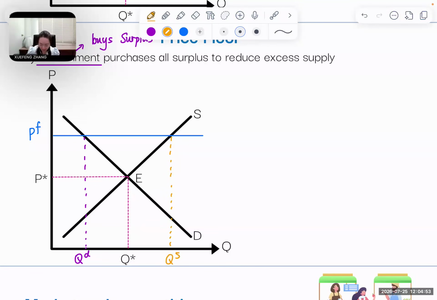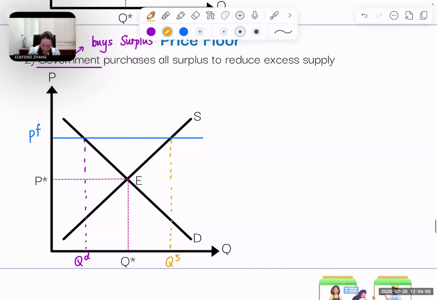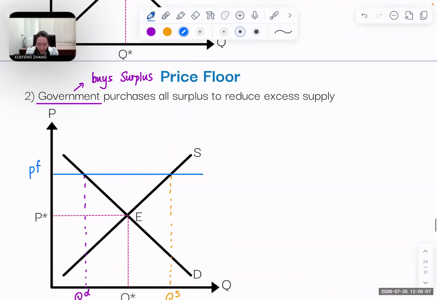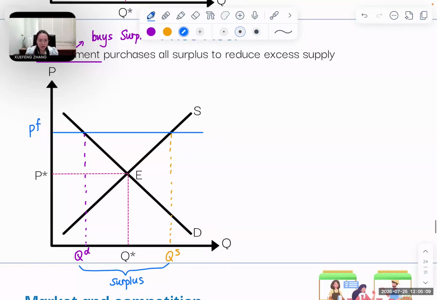So we're gonna have surplus. Okay, and this time the government buys the surplus. All right, so let me share it.